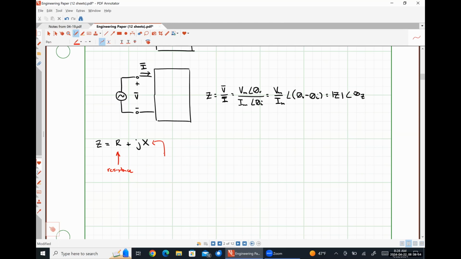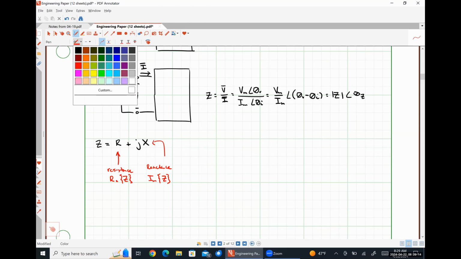And then X is what's called the reactance. This is simply the imaginary part of Z. And our resistance is the real part of our impedance, Z.